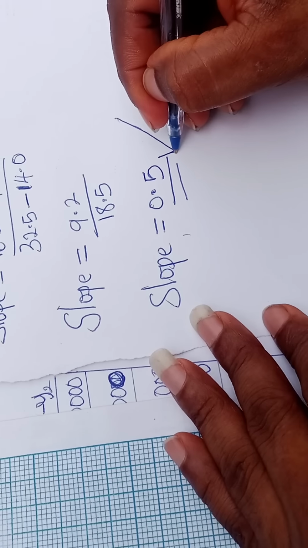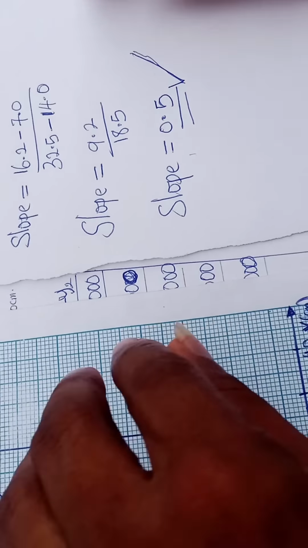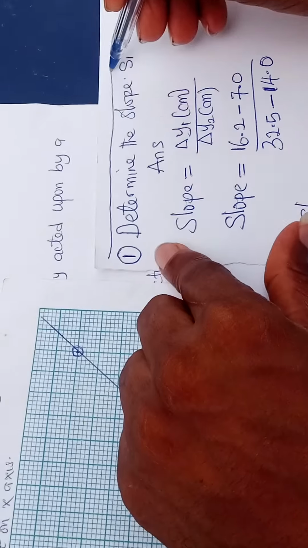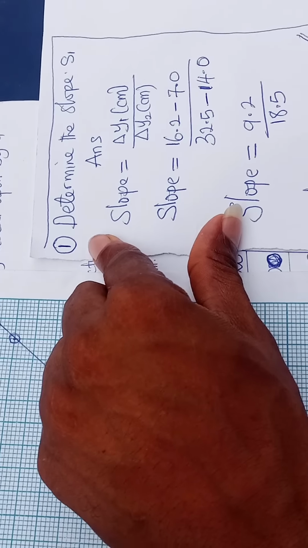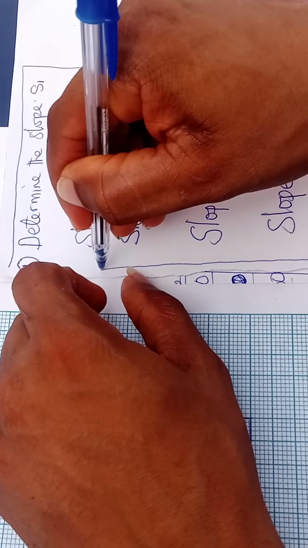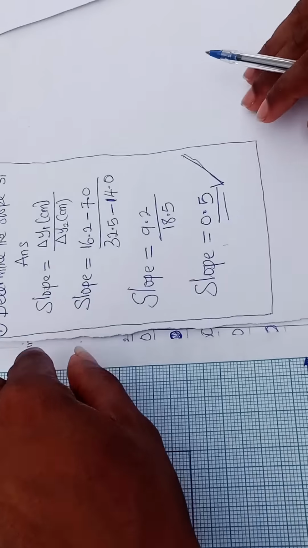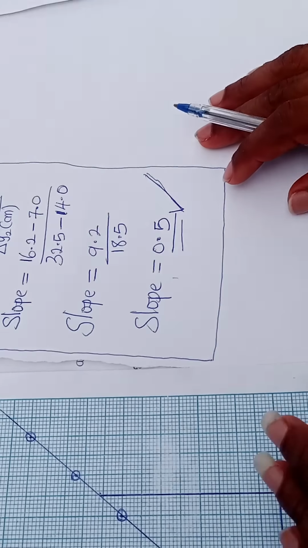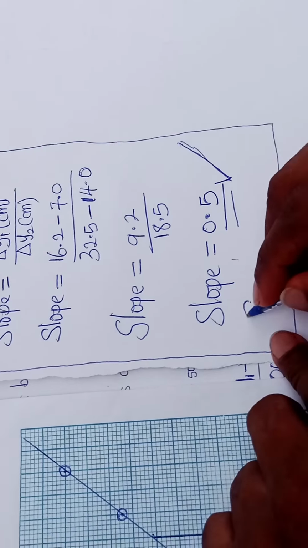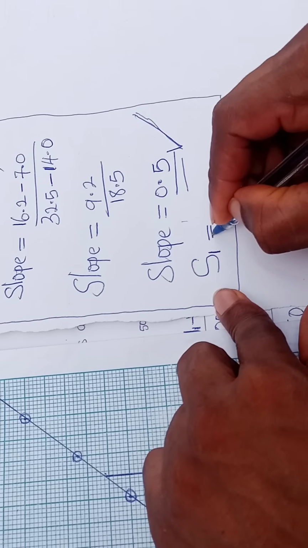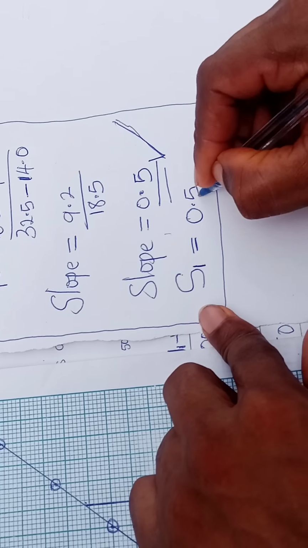Now it means that I have answered this particular one, which is the slope of this graph. So it means that my x1 is equal to 0.5.